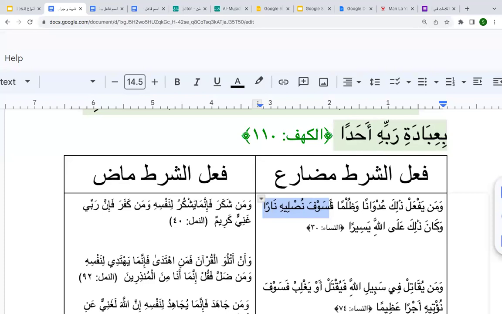Now tell me the status of the whole sentence nuslihi naran. But you told me nusli is marfu in status. Whole sentence. Again, whole sentence is going to be fi mahalli jasmin, and you have to think that way.